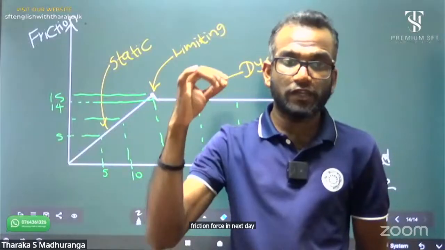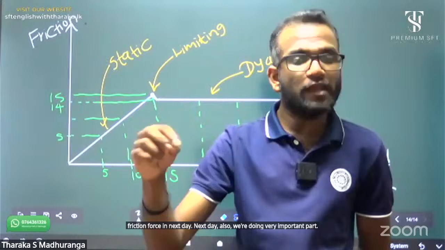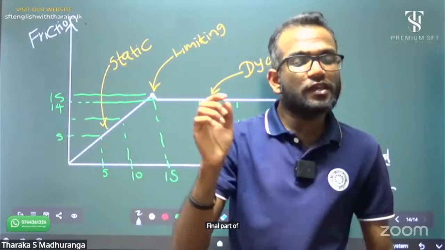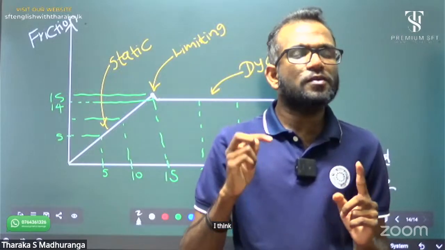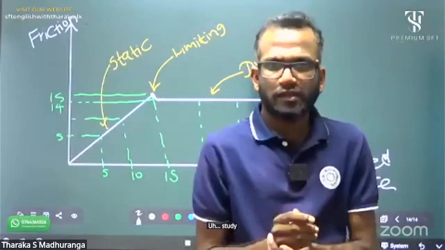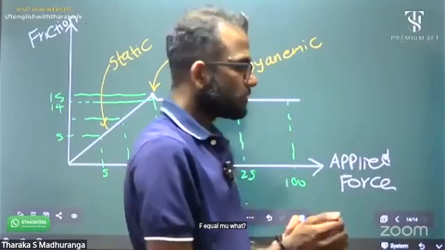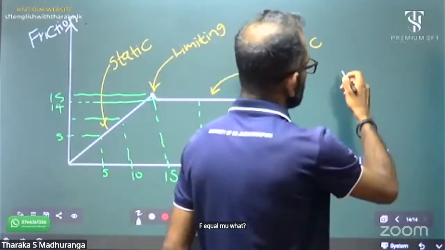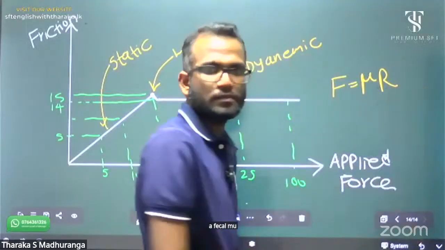Next day we're also doing a very important part, the final part of friction force. I think in O level you didn't study friction force calculation. F equals mu R, did you do that, yes or no?